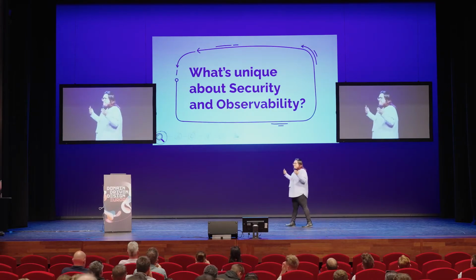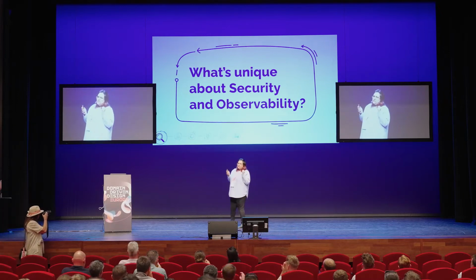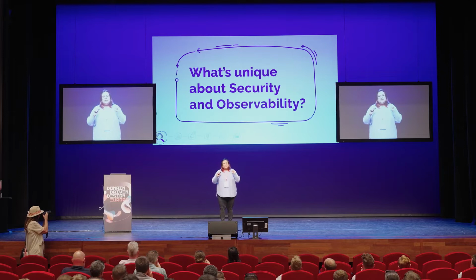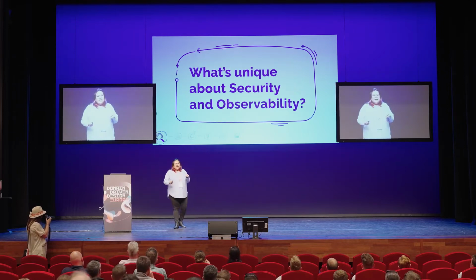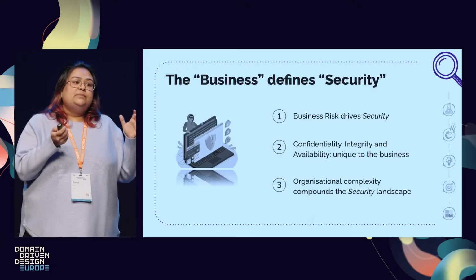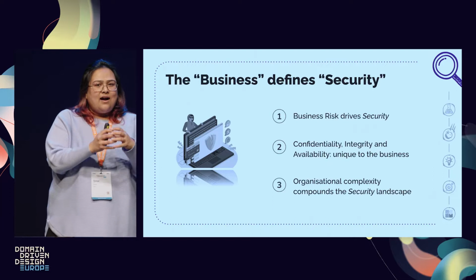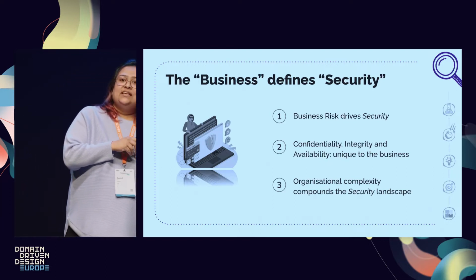So I suppose what's unique about security and observability is important in understanding why we needed to get to domain modeling. And when I think of security, I think of the business risk. So at the heart of security is an understanding of business risk.